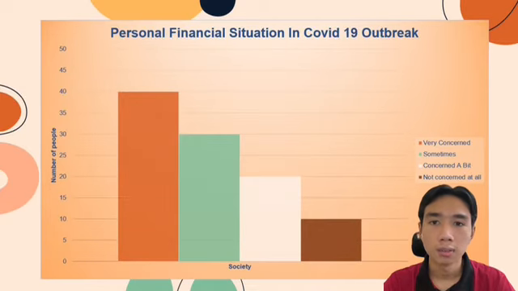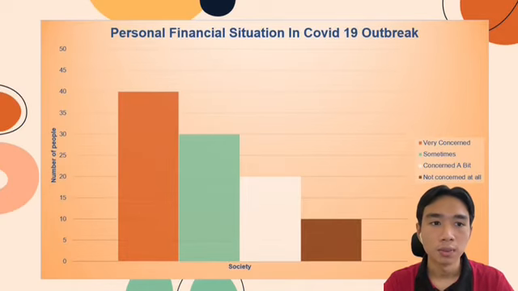Okay, this graph is about the personal financial situation in the COVID-19 outbreak. As we see, the x-axis of this graph shows the society's opinion about personal financial situation in the COVID-19 outbreak, and the y-axis shows the percentage of frequency.